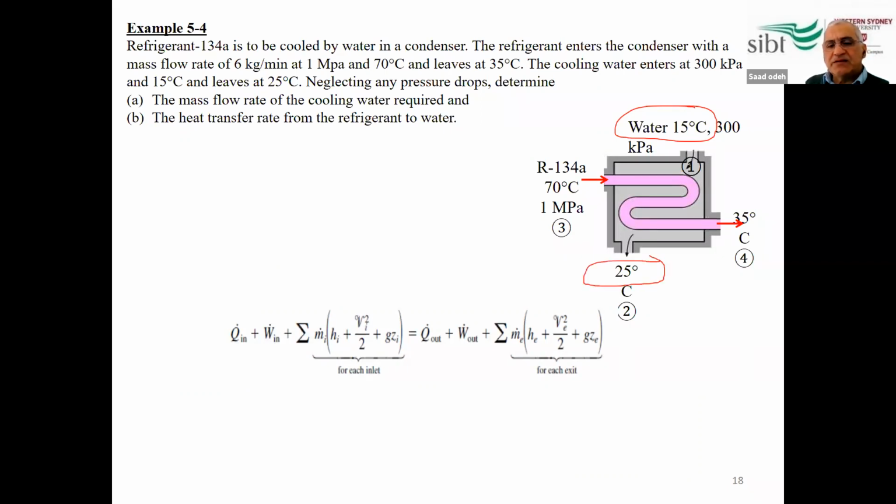On the other side, the other fluid is refrigerant R134a. It enters the heat exchanger at 70 Celsius and leaves at 35 Celsius. So we are cooling the refrigerant, and on the other side, we are heating the water. Is it clear?